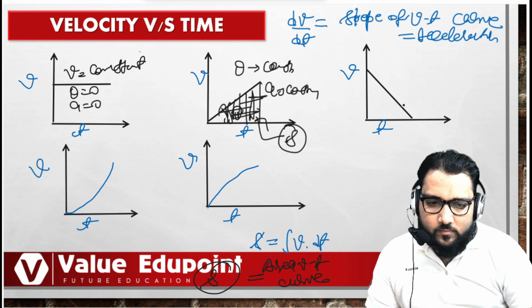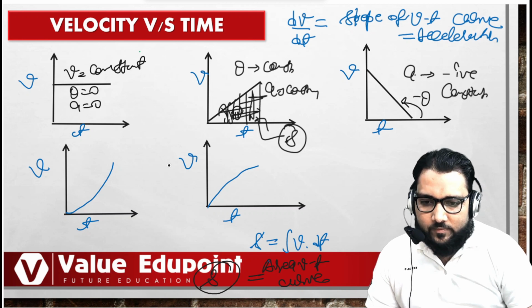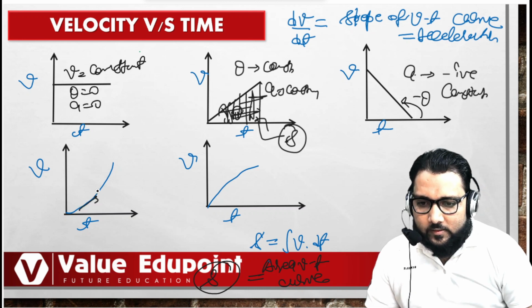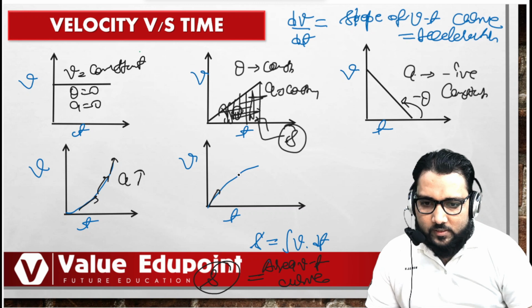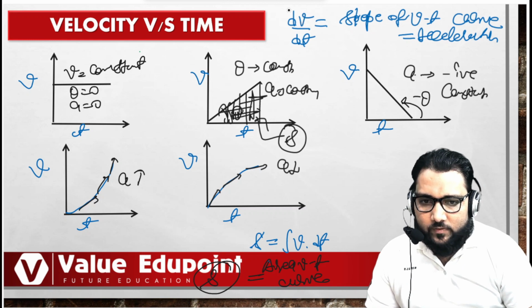Now this time theta is negative, so acceleration is negative and constant. This is the case of retardation. In this case, guys, slope is increasing, meaning acceleration is increasing. In this case, slope is decreasing, meaning acceleration is decreasing, guys. So remember these 2 points, very important guys.